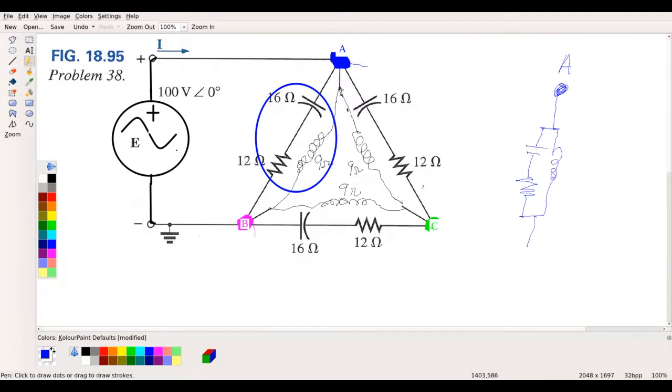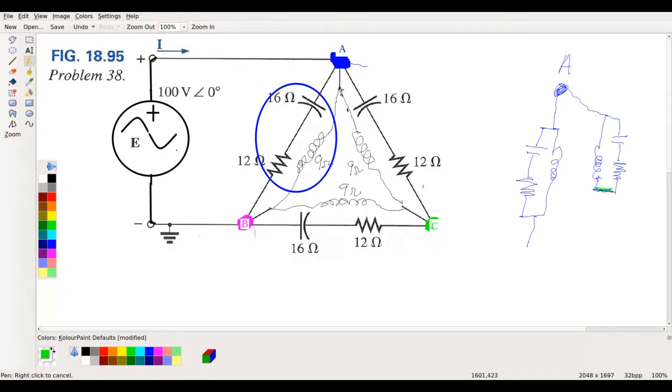Okay, but coming in point A the other way, we have the inductor, and then we have the capacitor and the resistor.